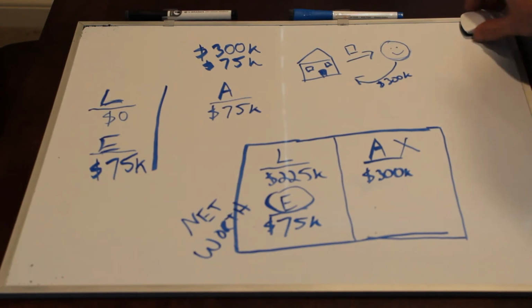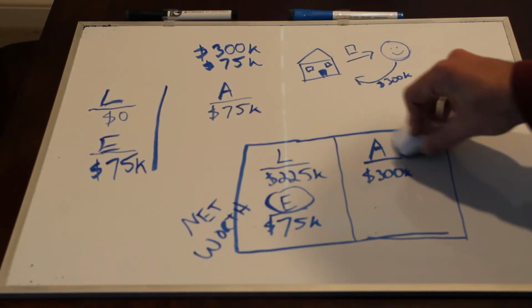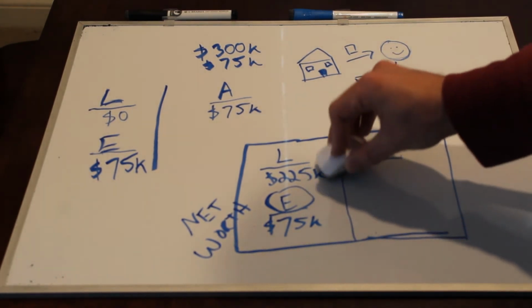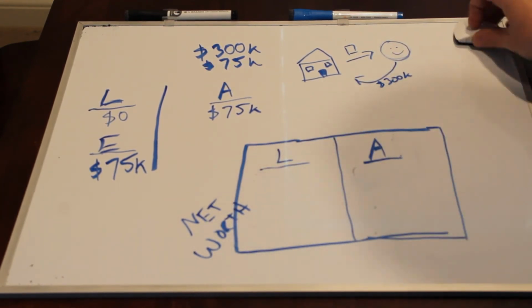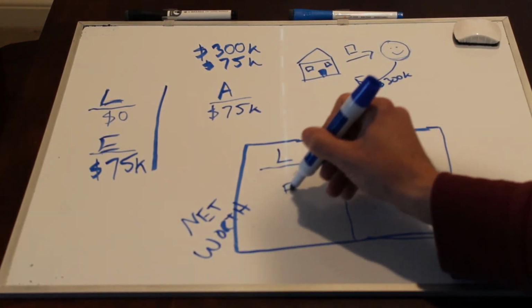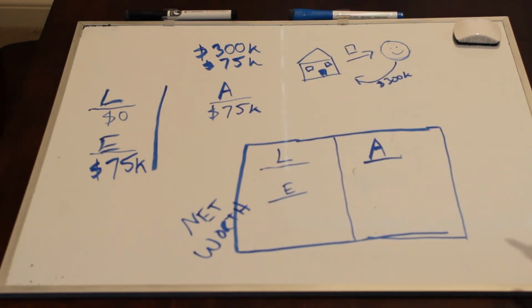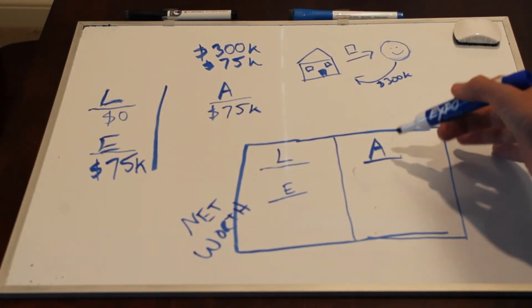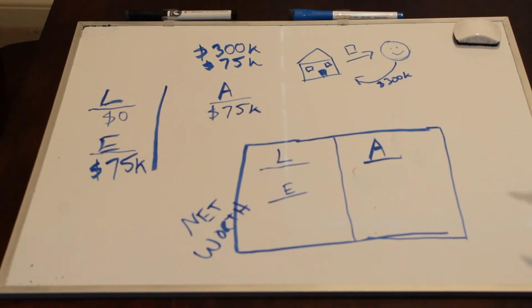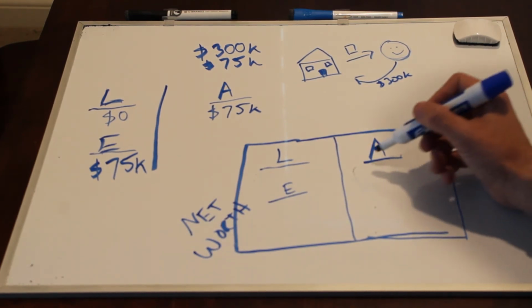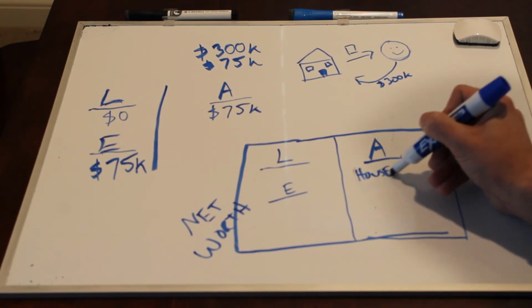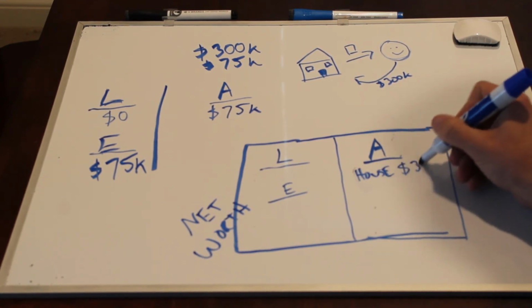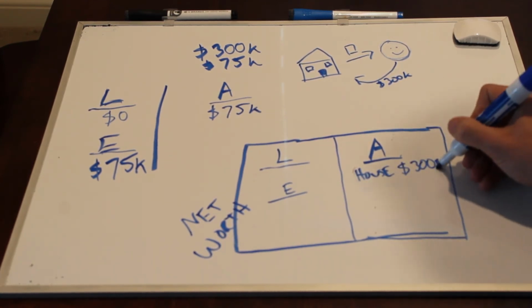Now let's draw your new balance sheet after the transfer of the house. Got your equity here. Alright, so now your assets are no longer $300,000 in cash. Your assets are a house that is $300,000.